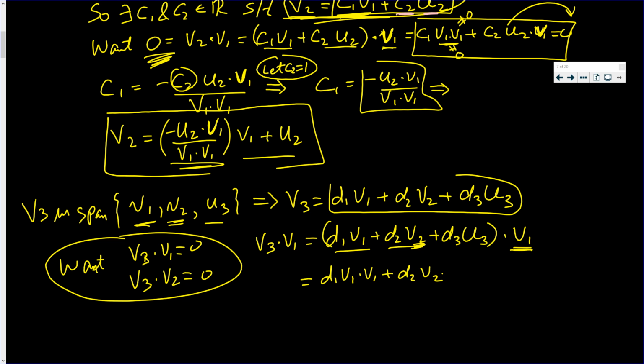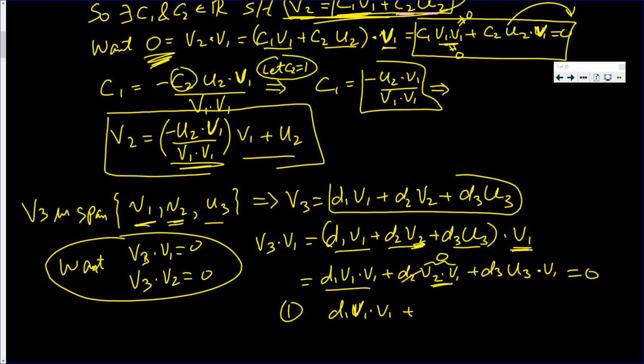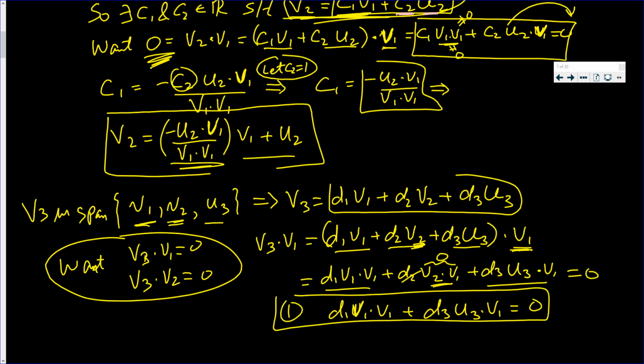That's 0. Plus d3 U3 dotted with V1. And we want this to equal 0. So let's call this equation 1. We get d1 V1 dotted with V1 plus d3 U3 dotted with V1 equals 0. Okay, wonderful.